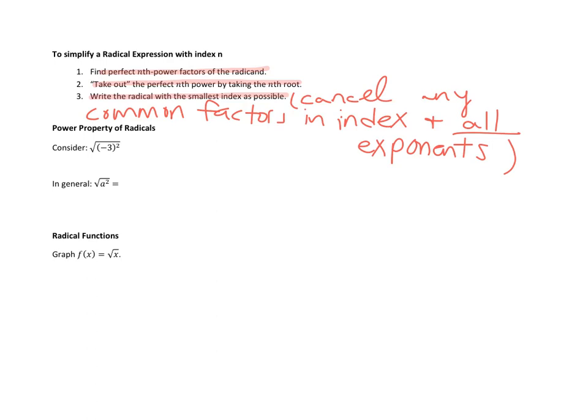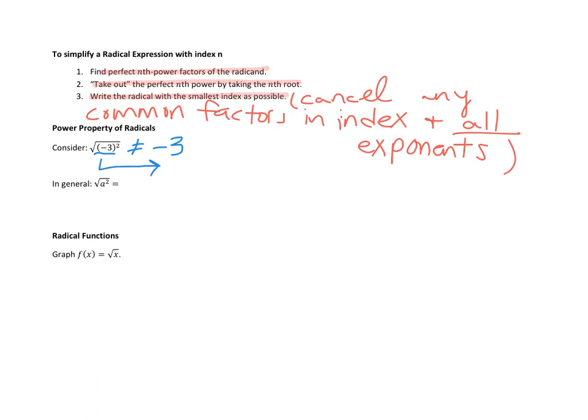Okay, the other thing that we're going to touch on, we're not going to spend too much time on. You'll see in your textbook that we can assume that the radicand is positive. Because let's consider this. The square root of negative 3 squared, we would not write that it's negative 3. We wouldn't just cancel out the squared sign because we know when we take the radical, it's always positive.